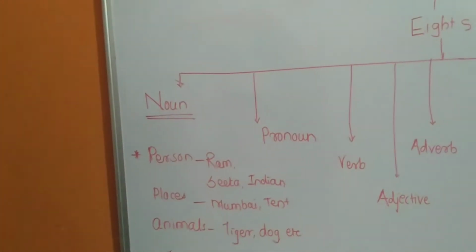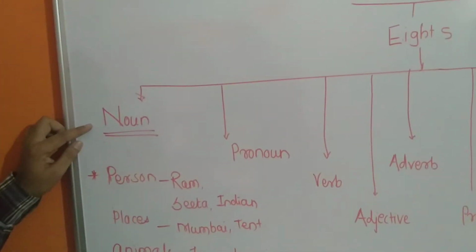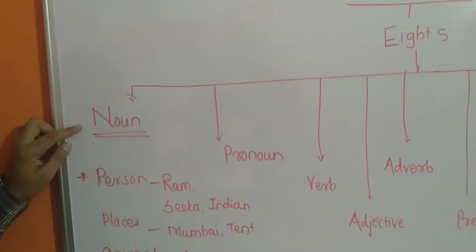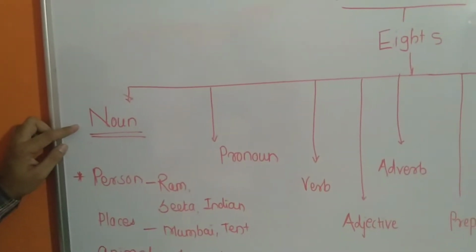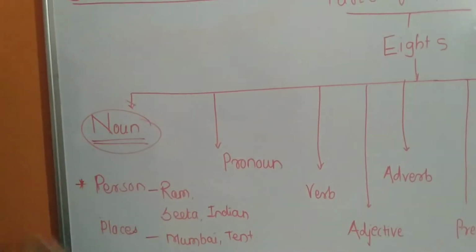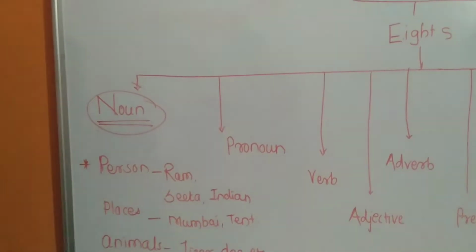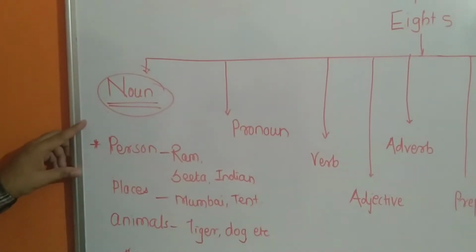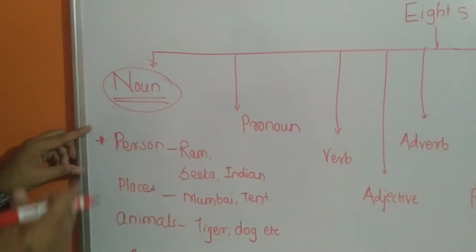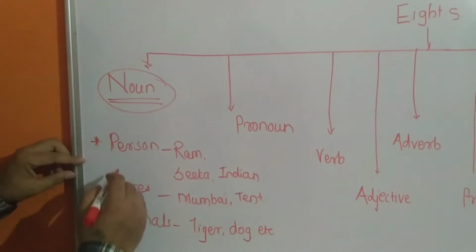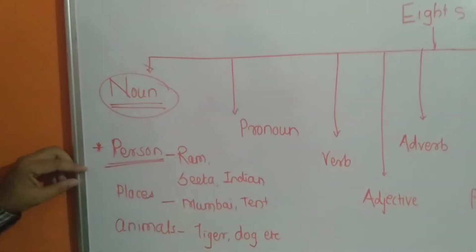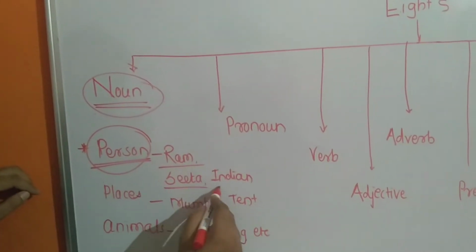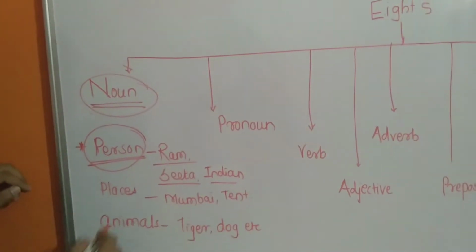Now, dear friends, a noun is a word which is used for a person, place, animal and thing. It's called a noun. Now see the examples of nouns. With the help of these examples, we come to know about the noun. Person: Ram, Sita, Indian, these are persons.